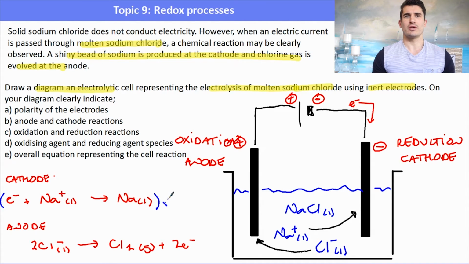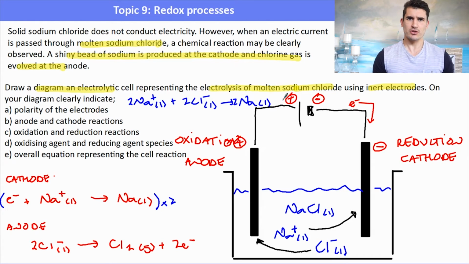So our overall chemical equation, what we would have to do is multiply the sodium equation by 2 to balance for the electrons, and then we can simply put those 2 equations together to get our overall reaction. 2 sodium ions plus 2 chloride ions goes to 2 sodium metal plus Cl2 gas.